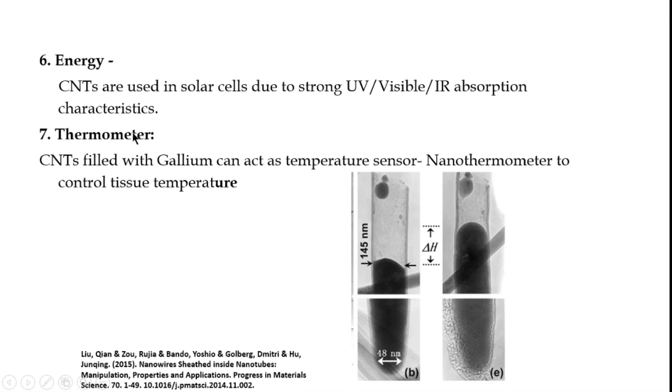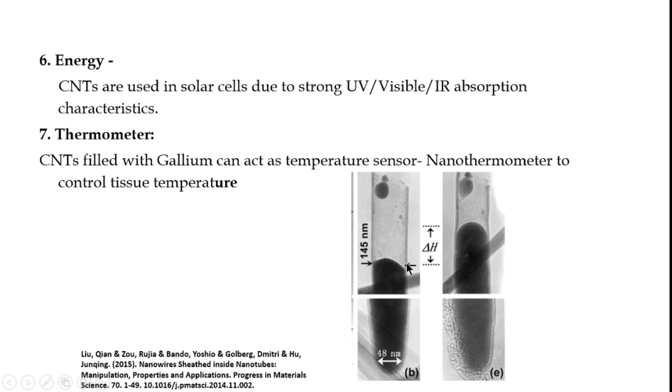We can use carbon nanotubes as temperature sensors. So CNTs, carbon nanotubes filled with gallium, can act as a temperature sensor. In these TEM images you can see this is before the increase in temperature and this is after it is taken out of the furnace.